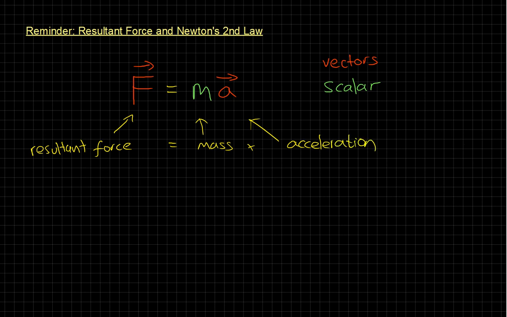Same as before, same as 2D, and it still works for 3D, but it only works for 3D if you're remembering to correctly identify the F and the A indeed as a vector. So to just remind you of that, F represents resultant force, meaning the sum of all the forces acting on a particular object.